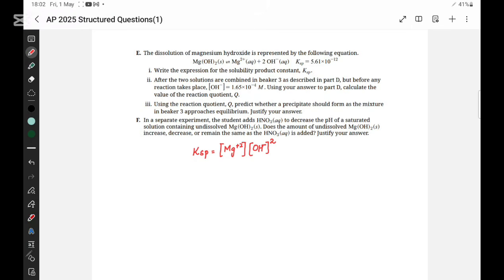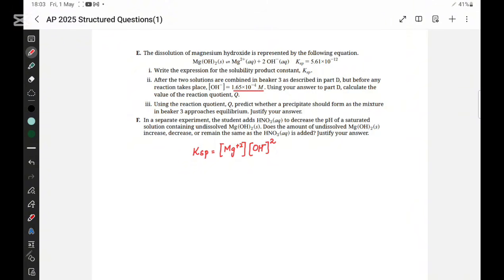Now they are saying after the two solutions are combined in beaker 3 as described in part D, but before any reaction takes place, the concentration of hydroxide ion is 1.65 times 10 to the power minus 4.